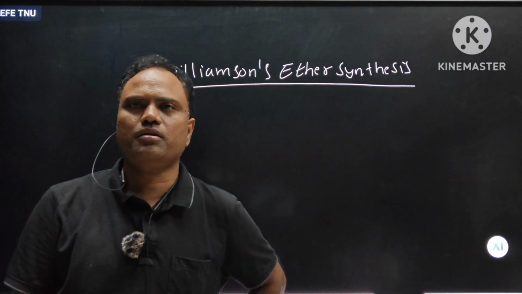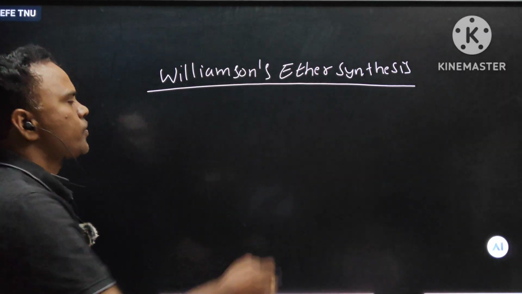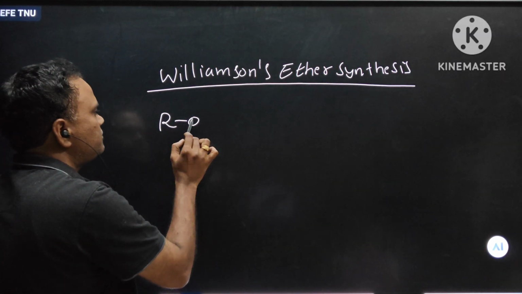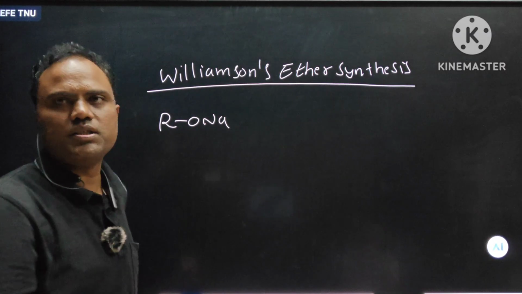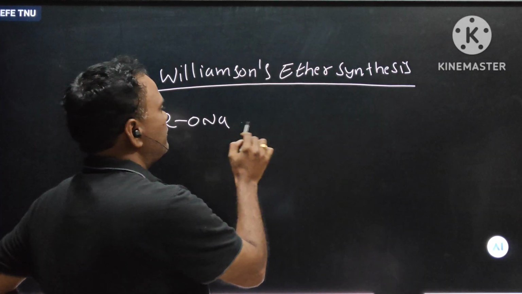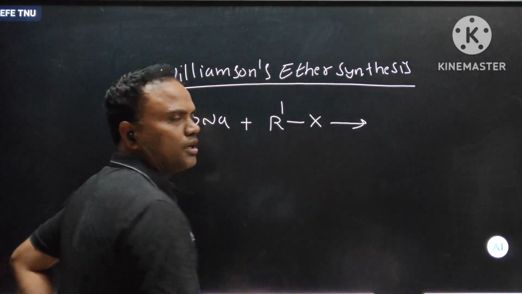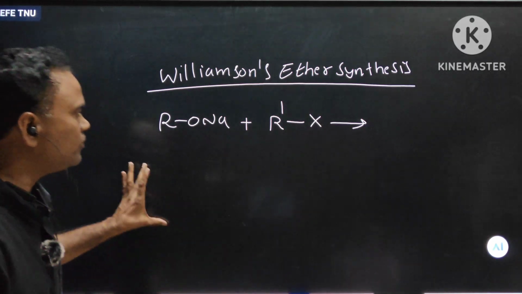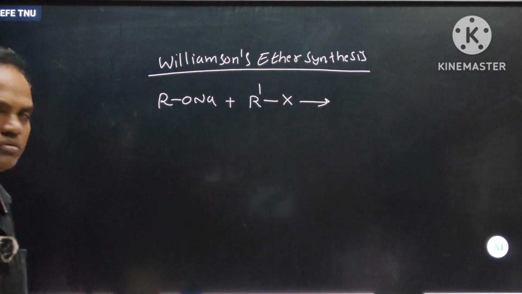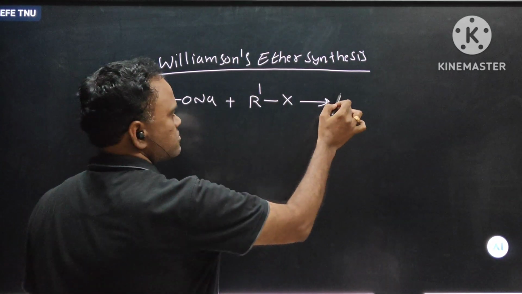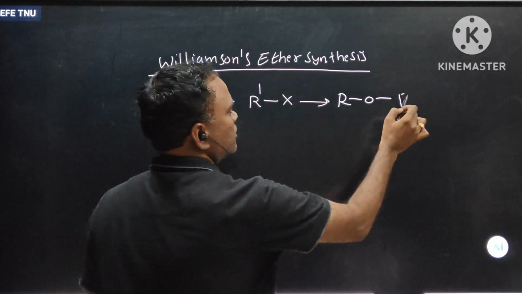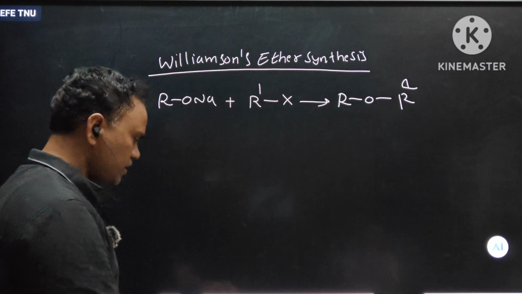Especially ethers are prepared by this method. When sodium alkoxide is treated with an alkyl halide, ether formation takes place, giving R-O-R dash.